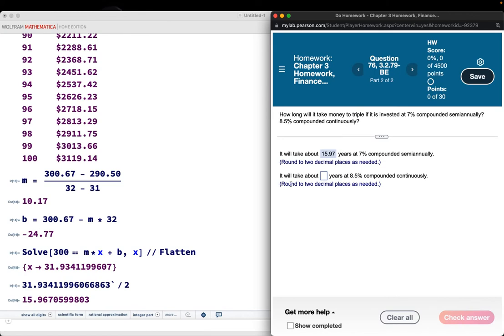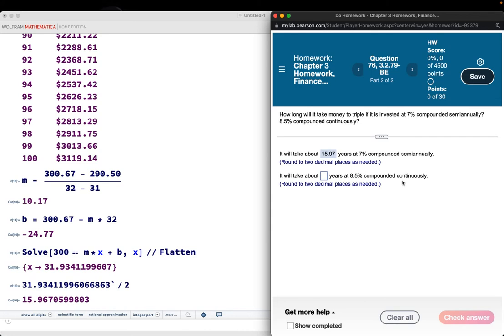Now here, it will take about how many years at 8.5% compounded continuously? So this one's a little trickier. Well, not really. For this one, we're not dealing with discrete periods of time.